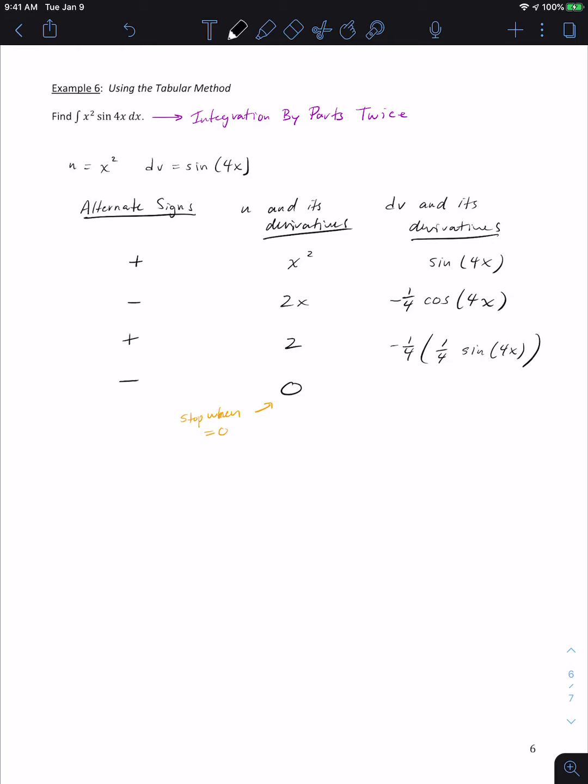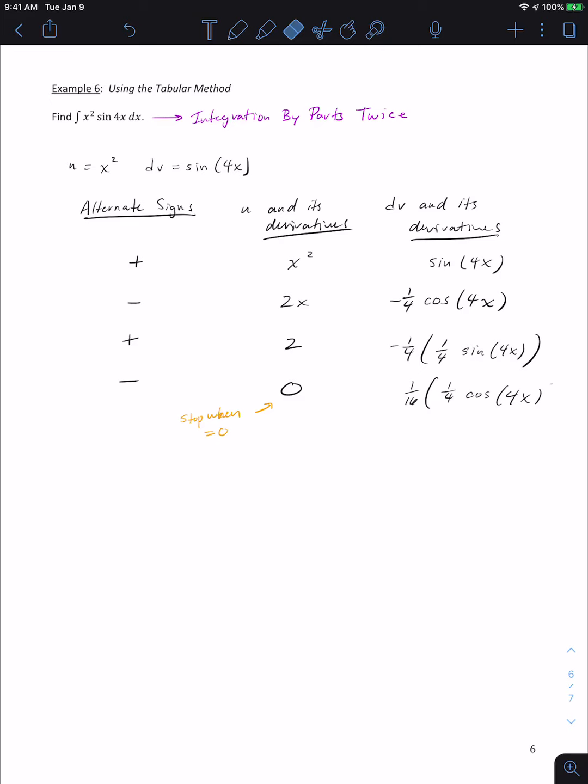So now I should multiply this all out. This is 16, so negative 1/16 hangs out front. And then again, I need a 1/4 because of the 4 on the inside. And the derivative of sine is negative cosine, so I need this to be a positive cosine of 4x.